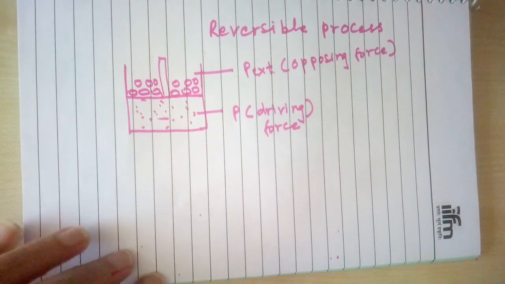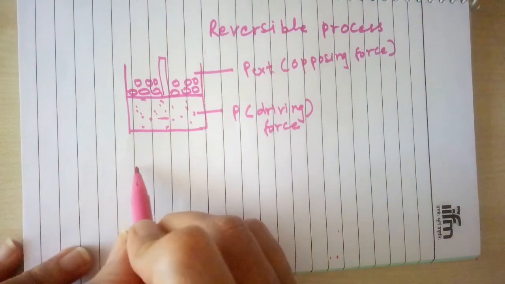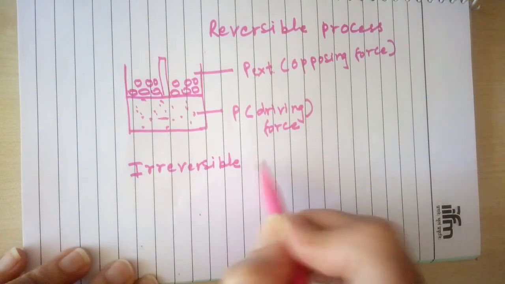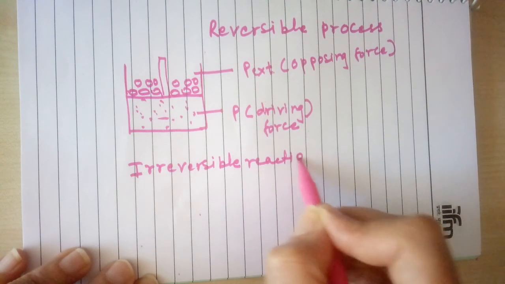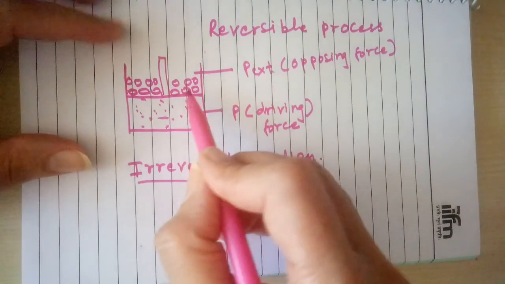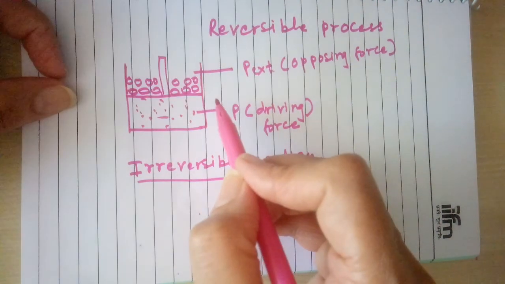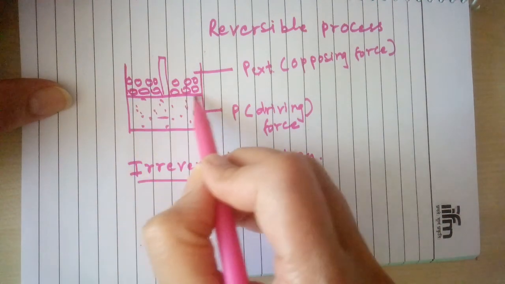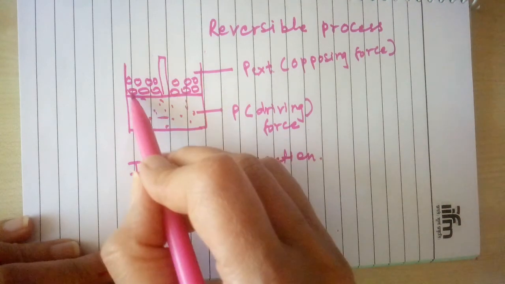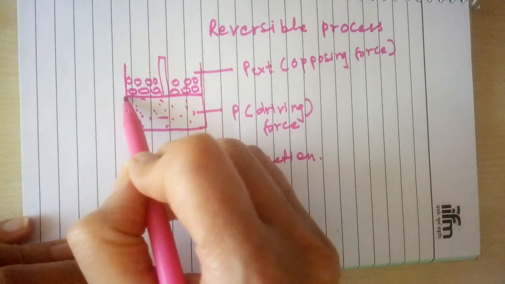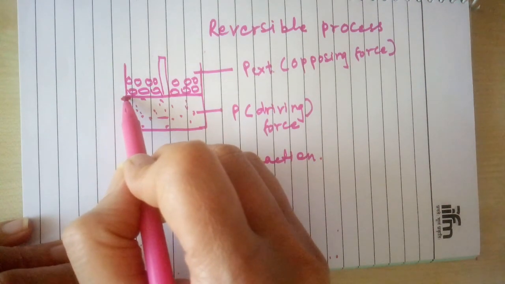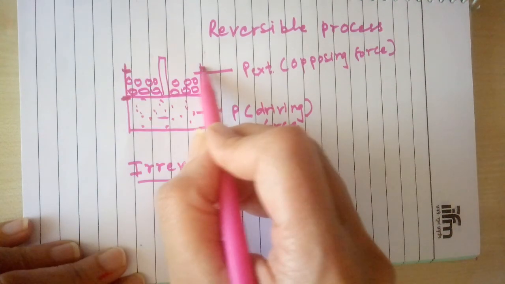Now what happens in case of irreversible reaction? Let us first talk about irreversible reaction, then we'll come to reversible reaction. In case of irreversible reaction, in this particular example, if you remove this whole amount of the weights which are kept here, all of a sudden or at once, what will happen? The piston will immediately jump from this position to this position and it will settle here.